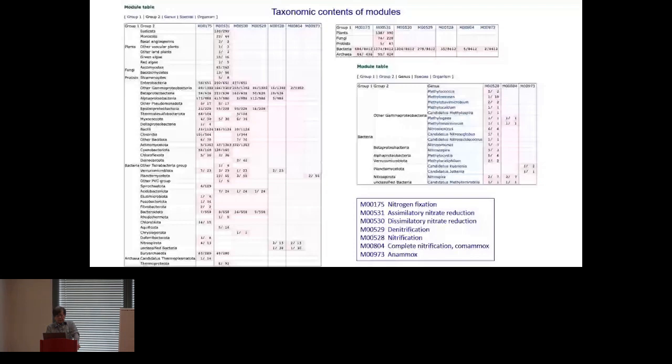Well, actually, there aren't animals in this table, but fungi, plants, protists, bacteria, and archaea, and which modules and what fraction of those organisms have the modules. I failed to explain, but this 00531 is the one I showed here as a red line.